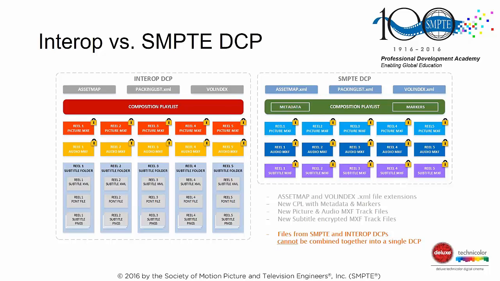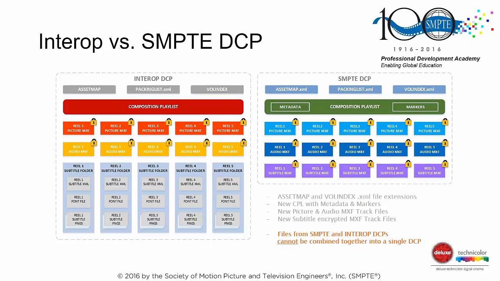You may notice that the asset map and vol index files actually gain a .xml file extension in SMPTE DCP. Under the hood, the SMPTE composition playlist got a lot of work and some additional features. SMPTE picture and audio MXF track files are new using standardized labeling and metadata.